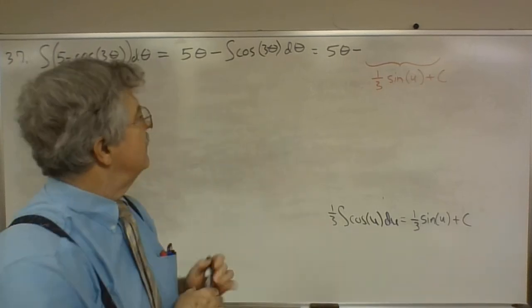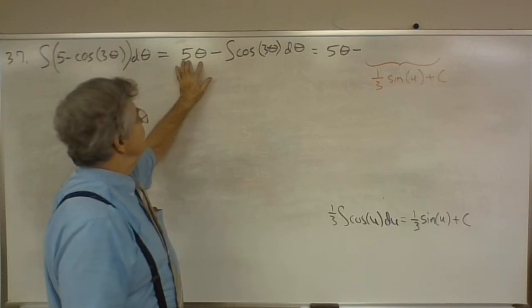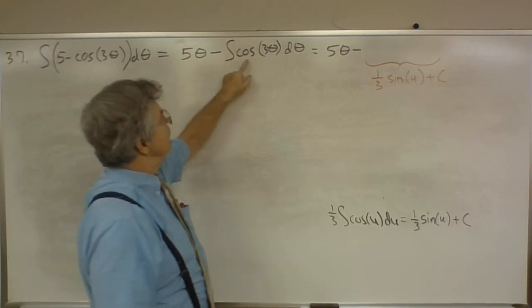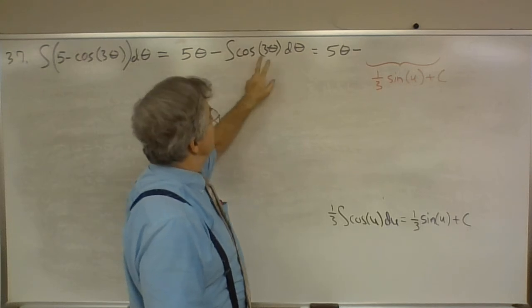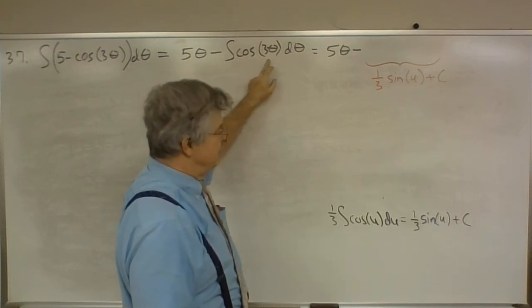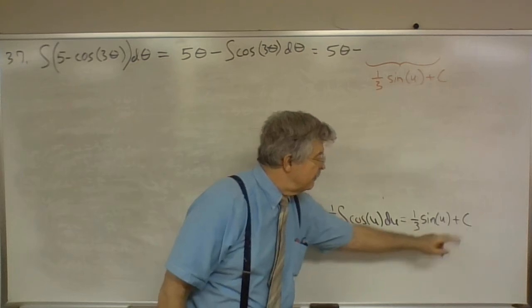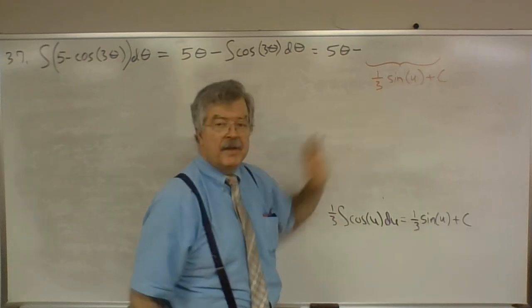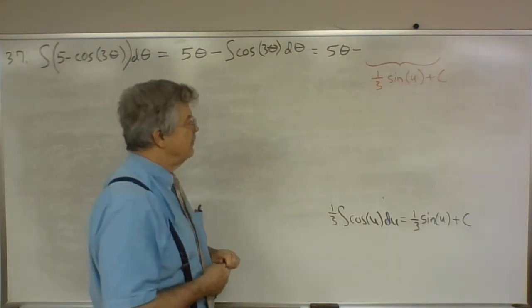Okay, we're back. We have as our answer 5 theta minus the antiderivative of cosine 3 theta d theta. And we know what this antiderivative is in terms of u. It's 1/3 sine of u plus c. All we have to do is write it in terms of theta.